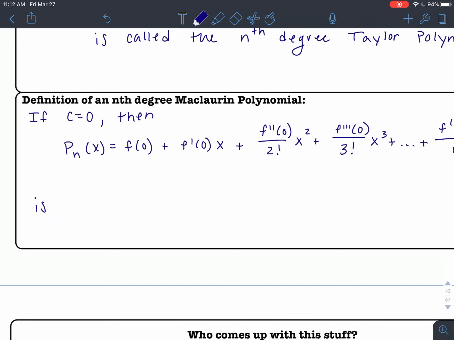So we have the nth derivative evaluated at 0 divided by n factorial times x to the n.